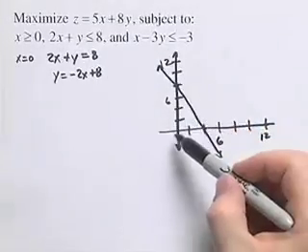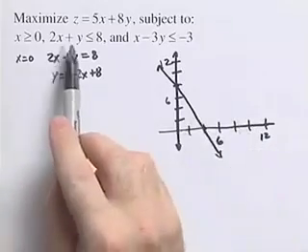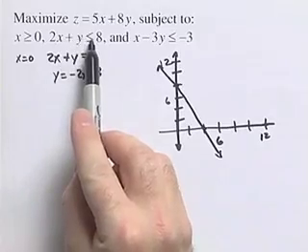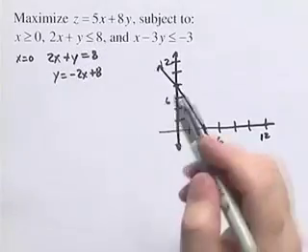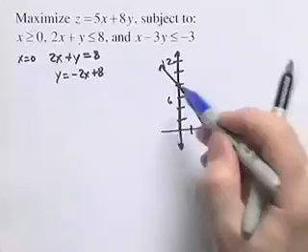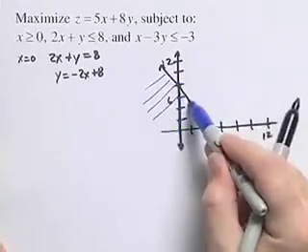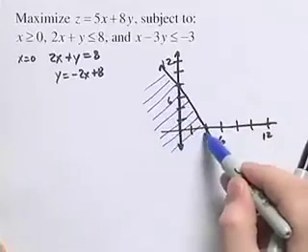If we pick a test point, say the origin 0, 0, and put that into our inequality, we'll get 0 plus 0, that equals 0. 0 is less than or equal to 8. That's a true statement. So we're going to shade the half plane that is below our line. So we're going to shade this region there.